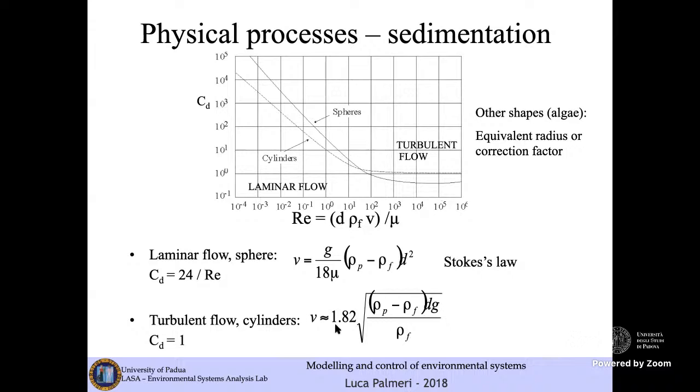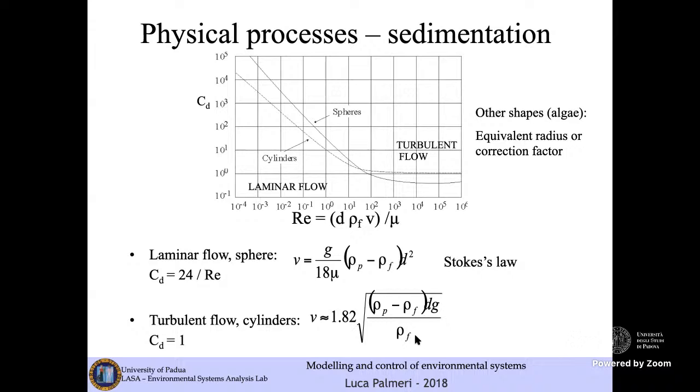In this case, we may write that the settling speed is equal to 1.82 multiplied by the square root of the difference of the density of particle and fluid, multiplied by the diameter of particle and the gravitational acceleration g, divided by the density of fluid.